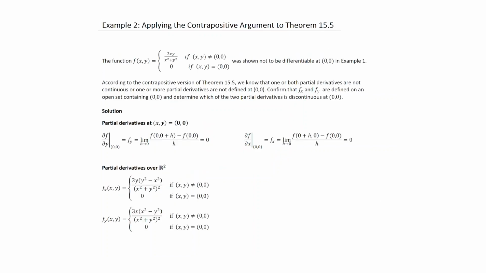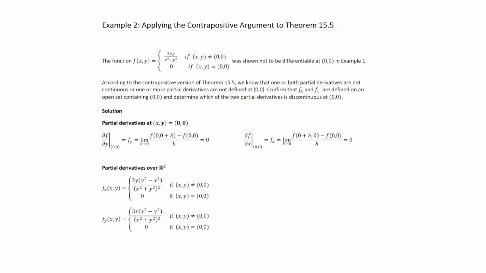All right, so example 2, applying the contrapositive argument to theorem 15.5. The function f(x,y) equals 3xy over x squared plus y squared if (x,y) is not equal to (0,0), and 0 if (x,y) equals (0,0). We have already shown from example 1 that it's not differentiable at (0,0), so it's a given.